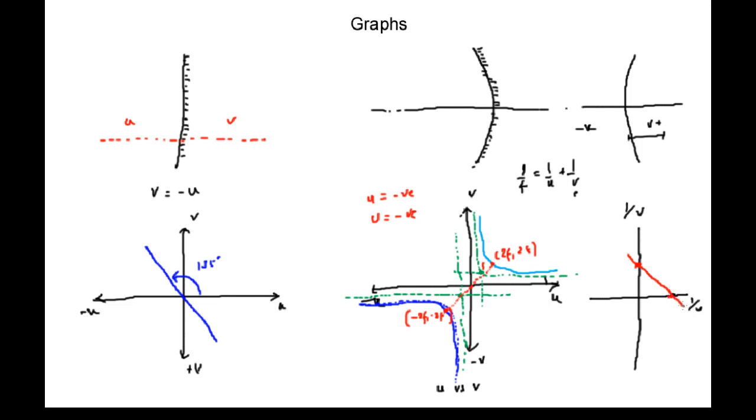This is for positive, so that means this must be the convex mirror, and the opposite, this is for the concave mirror. Understand?